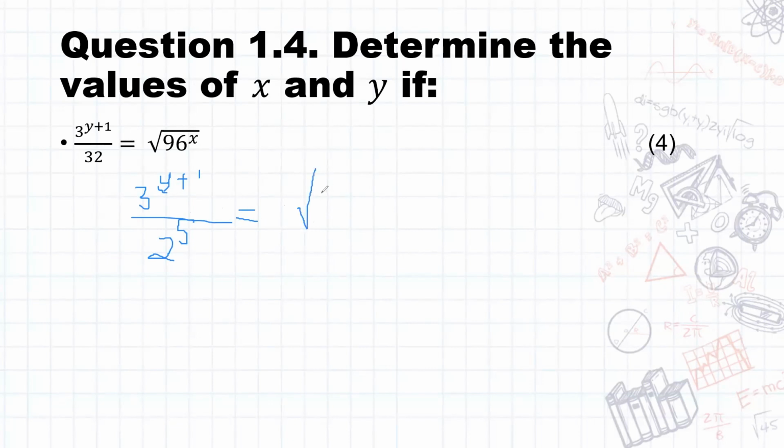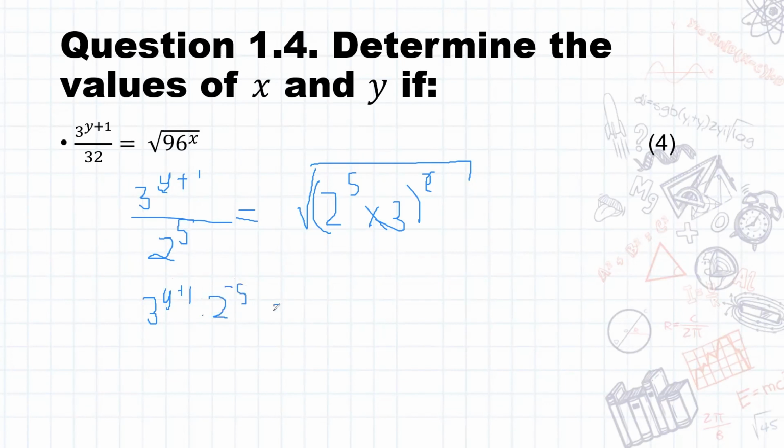So we've got the square root of 2 to the power of 5 times 3, all to the power of x, under a square root sign. If we bring this 5 up, we'll have 3 to the power of y plus 1 times 2 to the negative 5, is equal to, and now a square root sign.